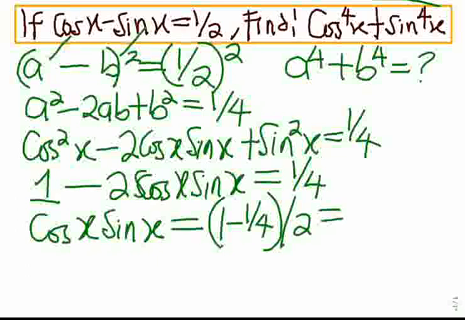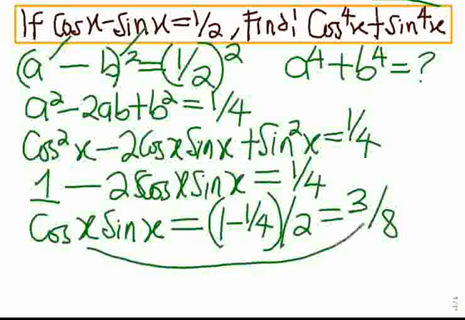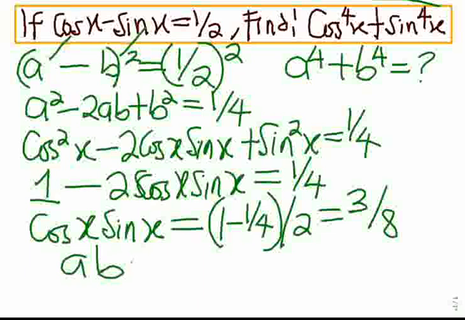If you find the value of 1 minus 1 over 4 divided by 2, you would eventually get 3 over 8. So cos x sin x is equal to 3 over 8. Also, ab is also the same as 3 over 8. You know the cos x is a and the sin x is equal to b. So let's bear it in mind that ab is equal to 3 over 8.